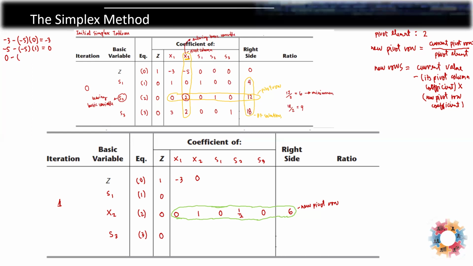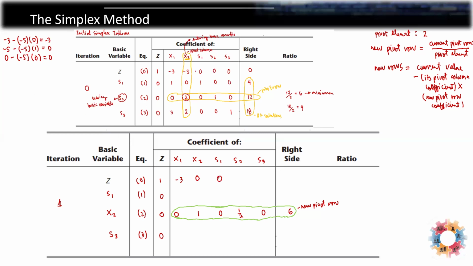So 0 minus -5 times the new pivot row coefficient, 0, so under S1 you have 0.